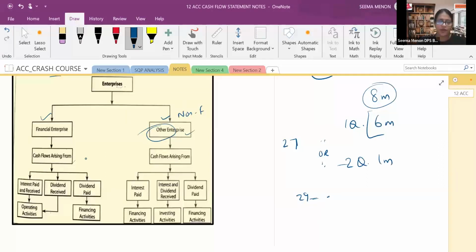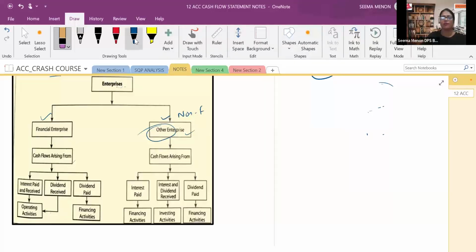Next, dividend paid. Dividend paid, we call it an exceptional case. What do you mean by exceptional case? Whether it is a financial company or a non-financial company, dividend paid will always be considered as a financing activity.